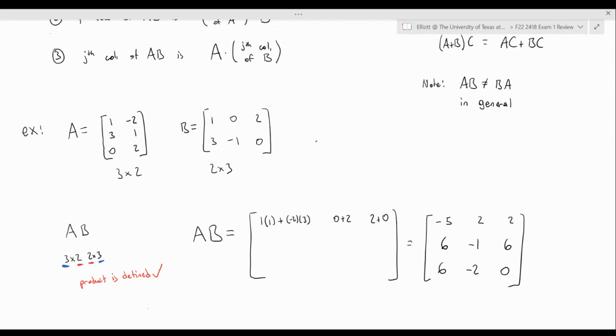That's the negative 5 here. If we take 3 times 1 plus 1 times 3, that gets us the 6 that's over here. And then lastly, 0 times 1 plus 2 times 3 gives us the 6 at the end, okay? So A times just that first column in B gave us the first column in the product, okay?